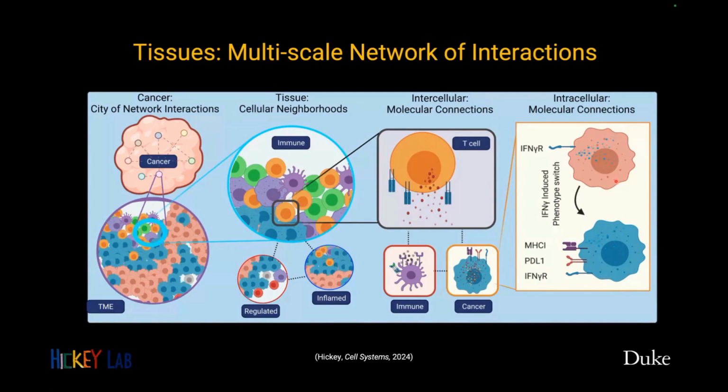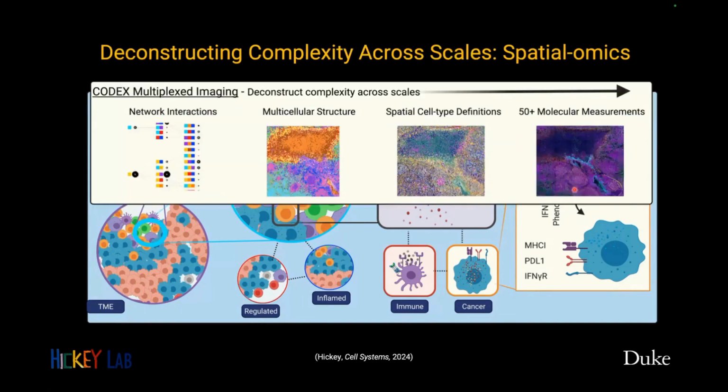And I think we've done a really good job of measuring these independently of each other. But to understand how biology is connected across these scales is really important to understand what the molecular drivers of tissue organization are, but also why these break down in times of disease.